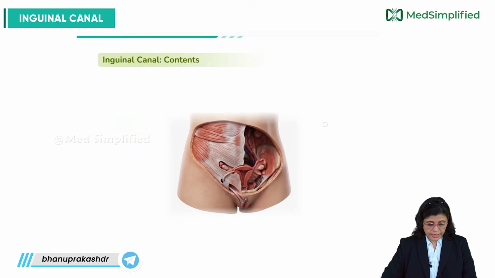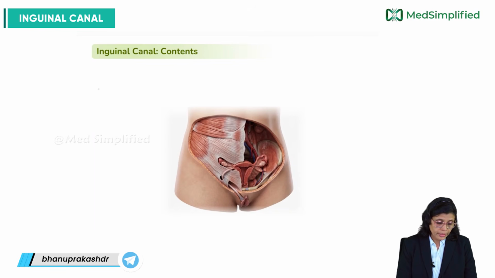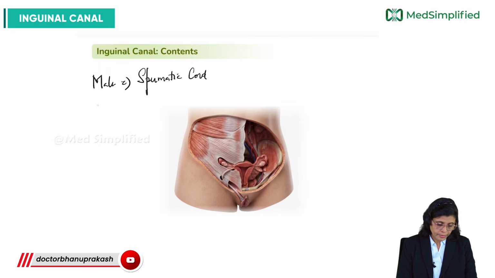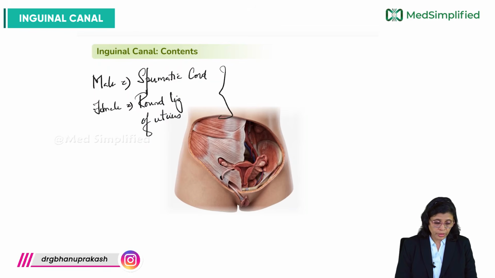Next we move to the contents. The main content in males is the spermatic cord, and in females it is the round ligament of the uterus. In both males and females, in addition we also have the ilioinguinal nerve.